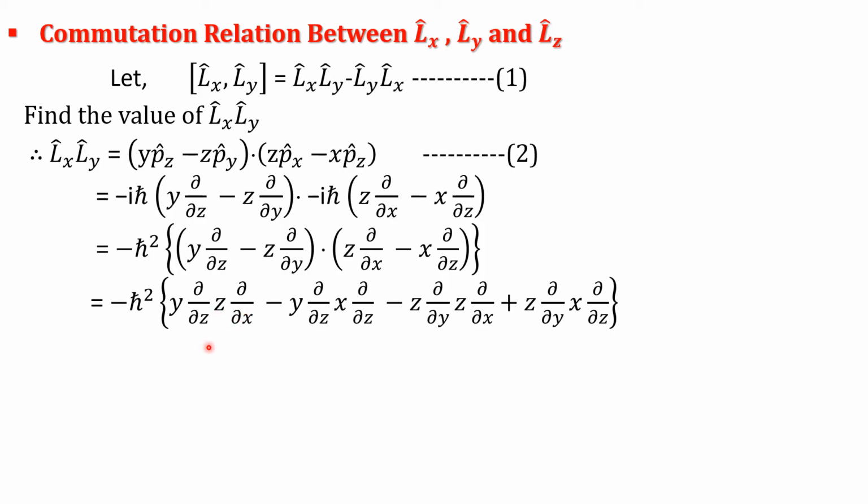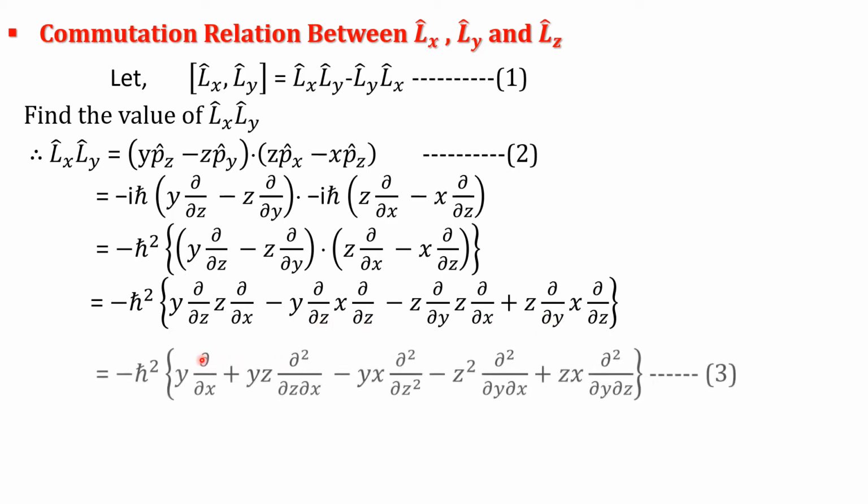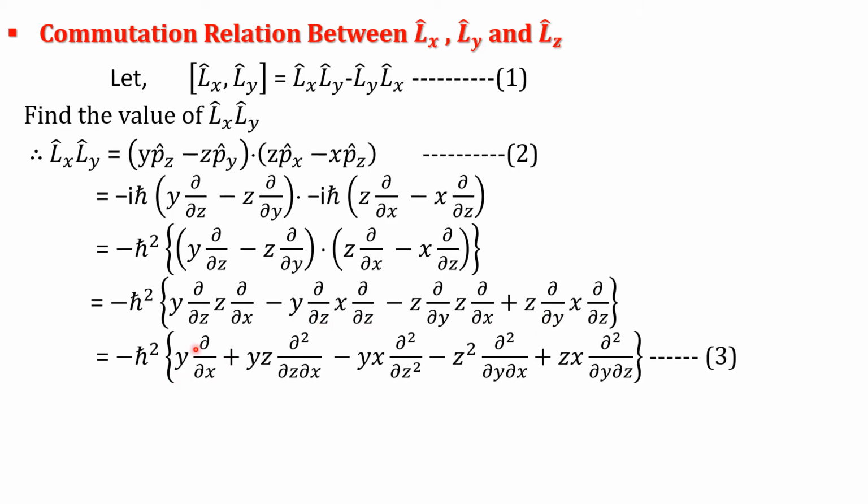In that manner we simplify each and every term in the bracket, and we write directly minus h cross square into the result. Differentiation of z with respect to z is 1, therefore we write y del/del x. Secondly, keeping z constant and differentiating del/del x with respect to z, this term becomes yz del square by del z del x.